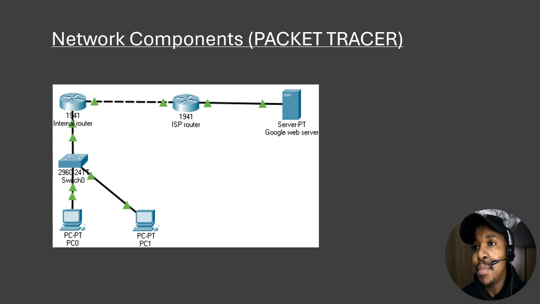But as I've mentioned in the previous slides, when you want to communicate with an external network, you obviously want to have a router in your network so that you can use the IP addresses to translate the data between the two different networks. So the PC would be interacting with the switch, and the switch would then translate the layer 2 MAC address into an IP address so that you can connect it to the router, and then the router can route the packets from the PC side to the Google web server to make whatever request you want to make.